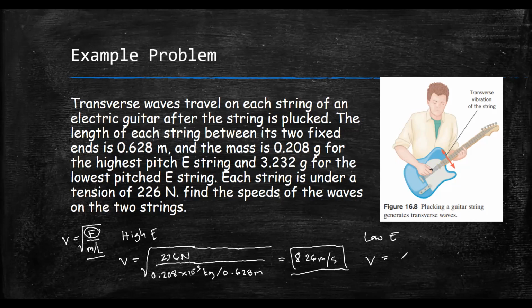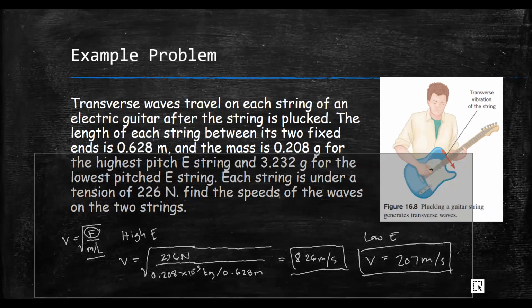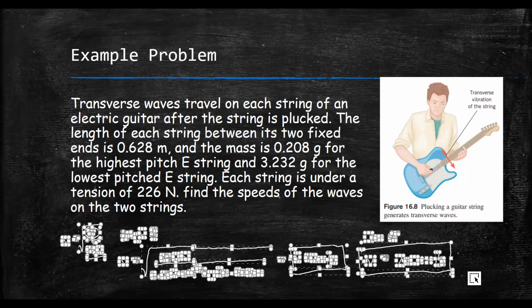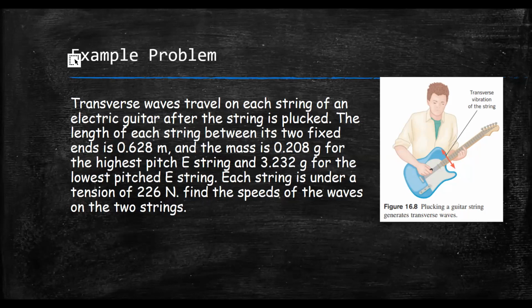Therefore, the velocity is equal to 207 meters per second. So that's how we compute the velocity or speed of a wave along a string. Now let's try this. Test your understanding.